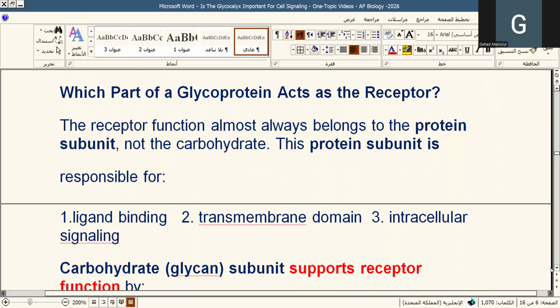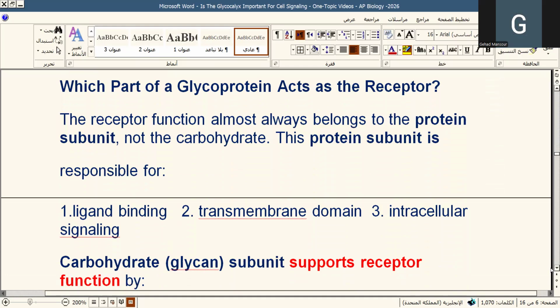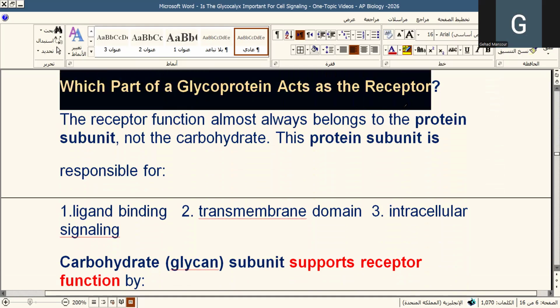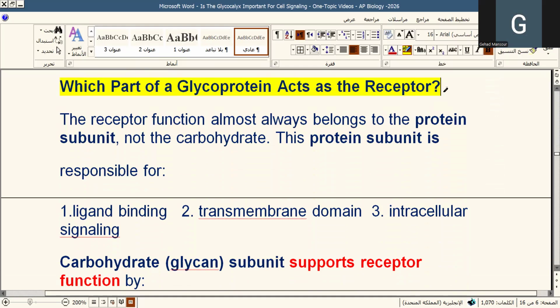Now, we have just said that the glycoprotein can act as a signaling molecule, but can also act as a receptor. But which part of the glycoprotein acts as a receptor? Usually, we have seen the receptors in the second unit when we talked about receptor activation and cell signaling.